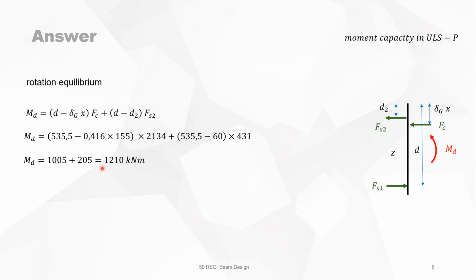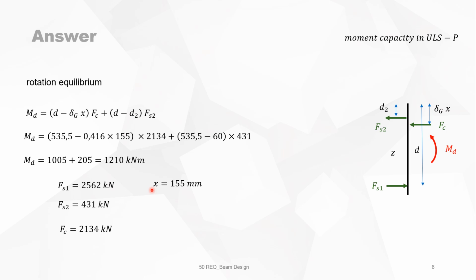We will just now do the same calculations, but without compression reinforcement and see what the difference will be. So with this value, we see now that the tension force in the reinforcement is 2,562 kilonewton, compression force 431 kilonewton, and the force in the concrete is 2,134 kilonewton.